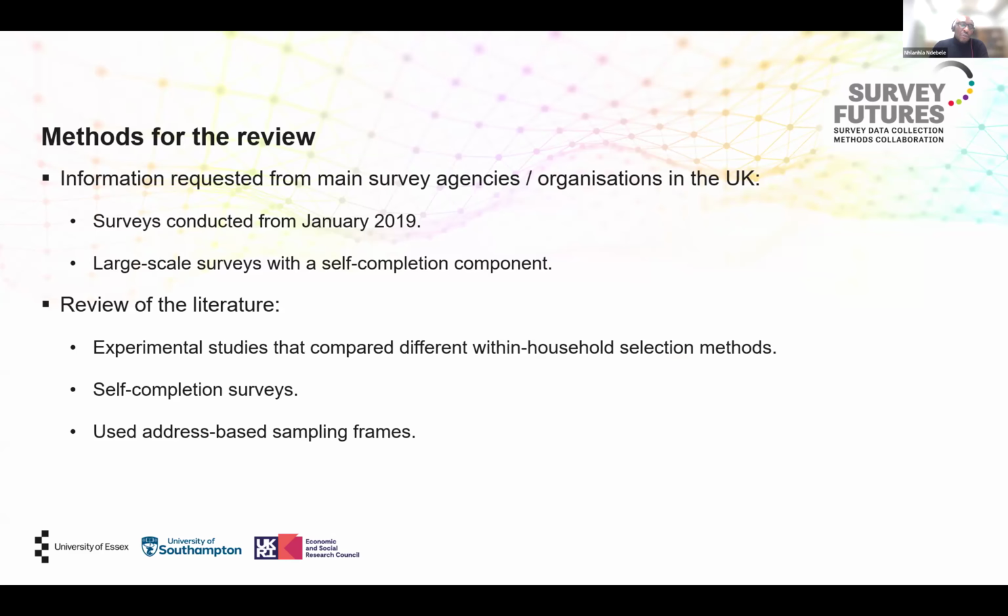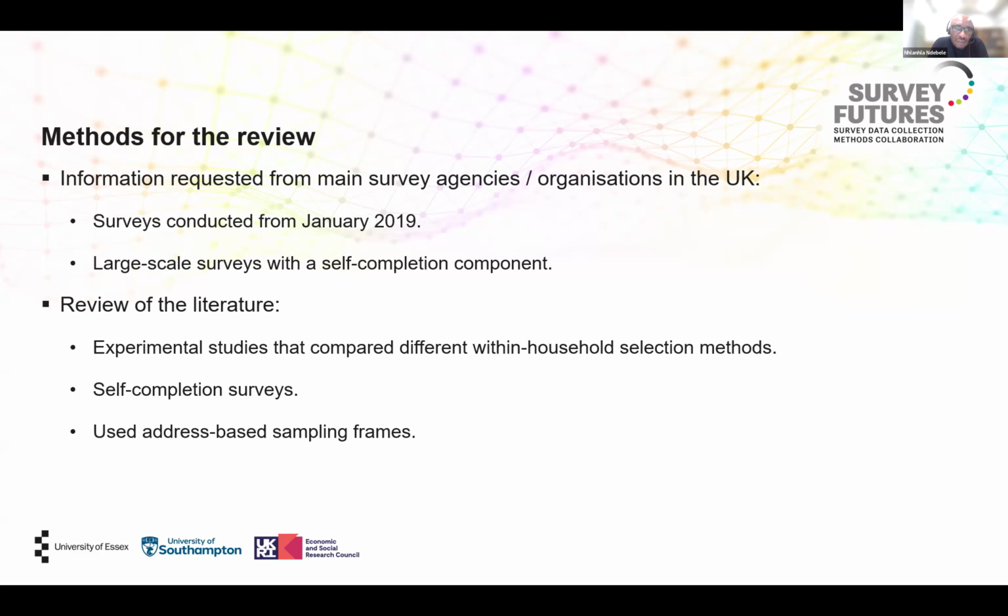Now, just an overview of the approach that we took to do the project. We wanted to get information from sub-agencies about the data relating to surveys that they conducted over the period from January 2019 up to late 2024.